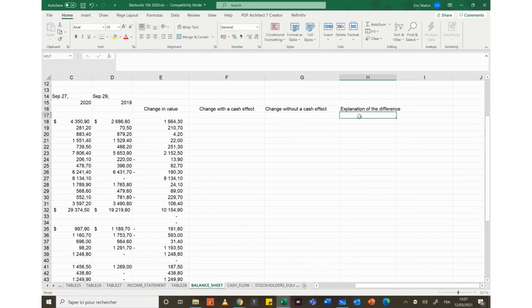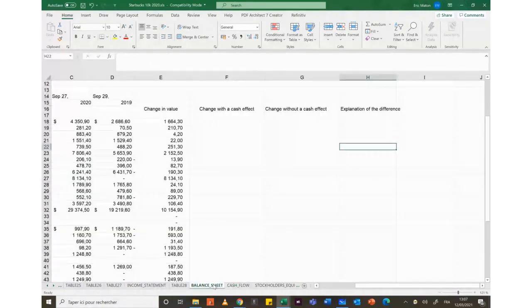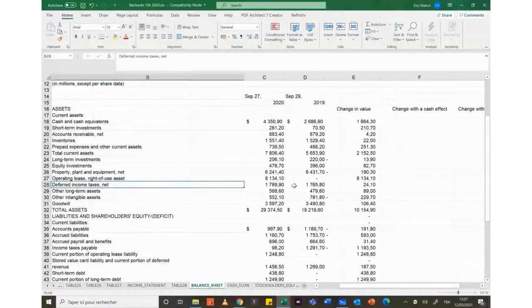So it's interesting when you study the capacity of a company to create cash, to compare what is available in terms of analysis of the cash flows, thanks to the statement of cash flows, and what could be the change in cash if all the changes in the balance sheet are with a cash effect.